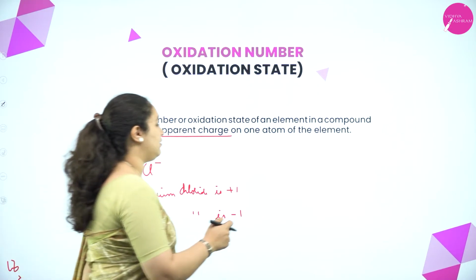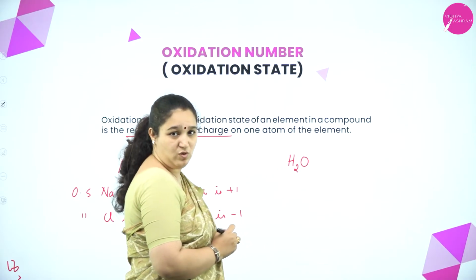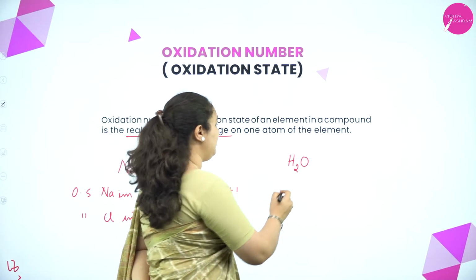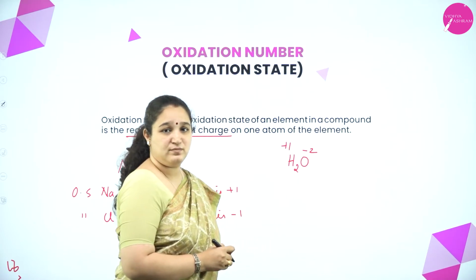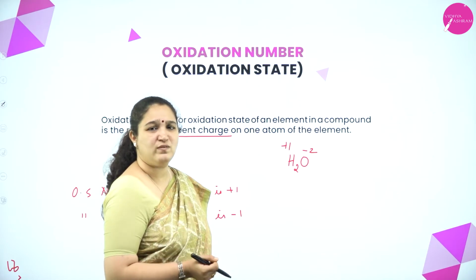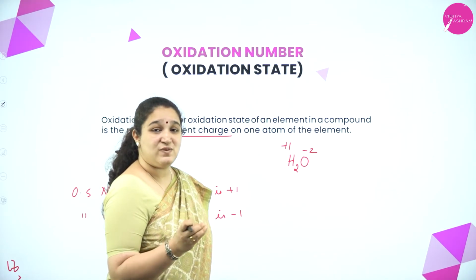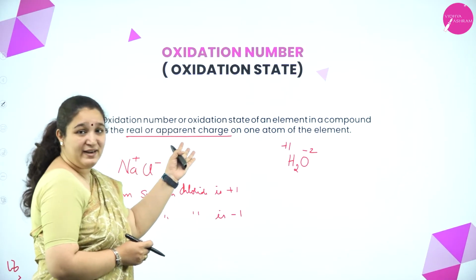Now I'll take water, H2O. Oxygen is having -2 charge, hydrogen is having +1 charge. But is it an ionic compound? No, it is a covalent bond which is present. That is why we say it is the real or apparent charge.